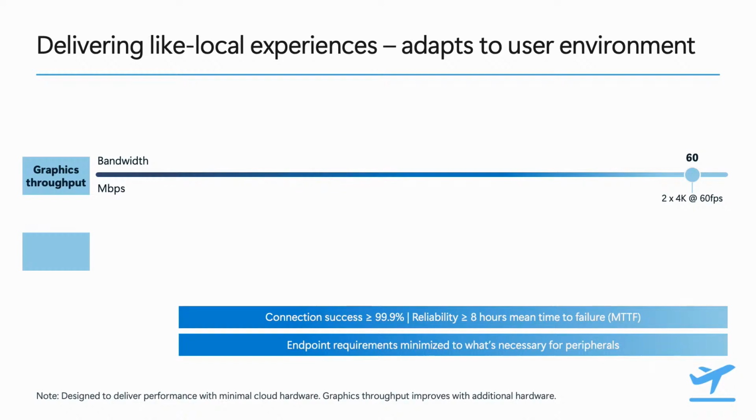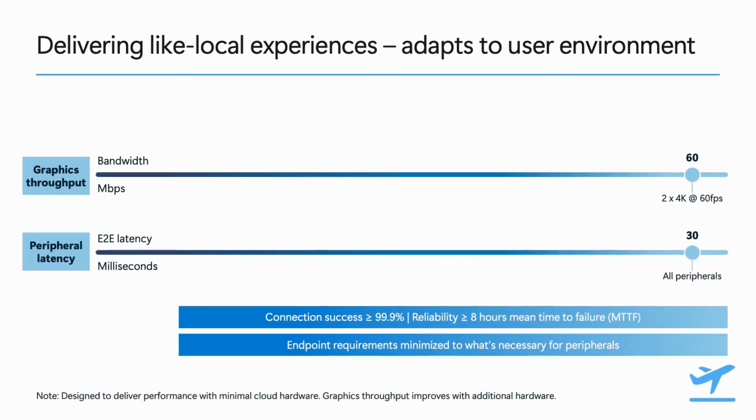To be able to deliver two 4K monitors at 60 FPS, we would want to achieve that at 60 Mbps, no more than that. Similarly, end-to-end latency for all these devices. Let's say you have a pen, you're writing on it, you want to make sure that the tip of the pen and where the ink line is should be right next to each other, just like local.